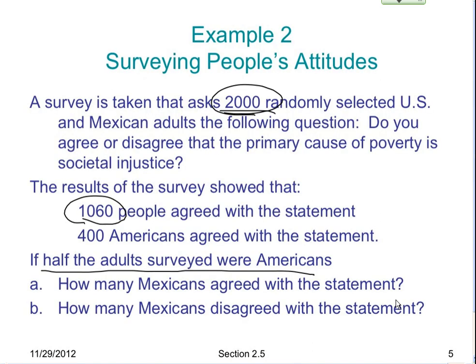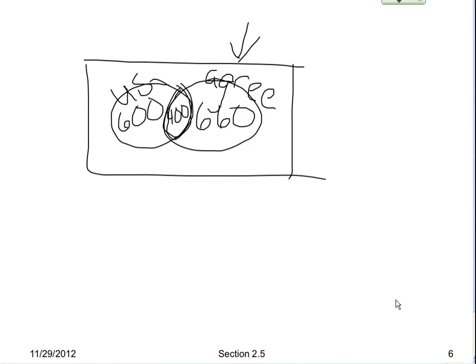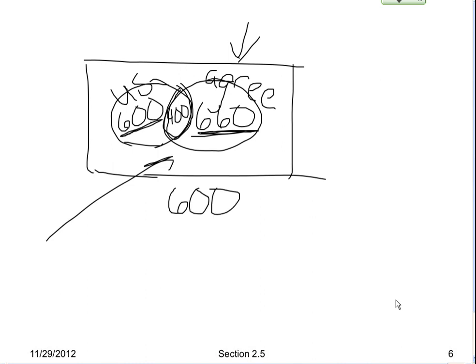Now there is going to be a number outside in the universal set. So we've got 600 in this portion, we've got 400 in the middle, and we've got 660 in that portion. So how many have we used out of the 2,000 total that have been surveyed? So we've got 600, we've got another 400, and we've got the 660.